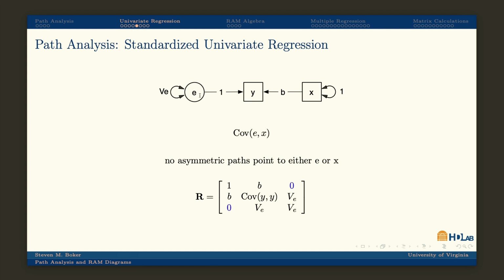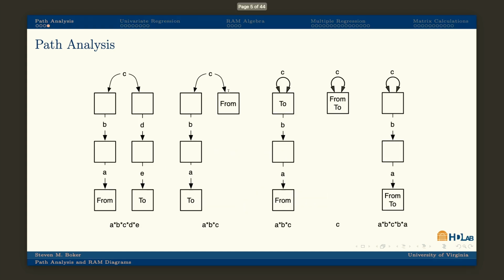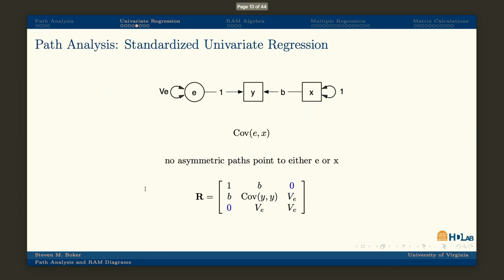So I can go VE times 1, whoops, arrows pointing the wrong direction. So how about I could go 1 times B, but then all of the arrows have to point in the same direction. Notice that other little characteristic here. Once you've made the turn with the double-headed arrow, all the arrows are pointing in the same direction. So there's no way to get from E to X.